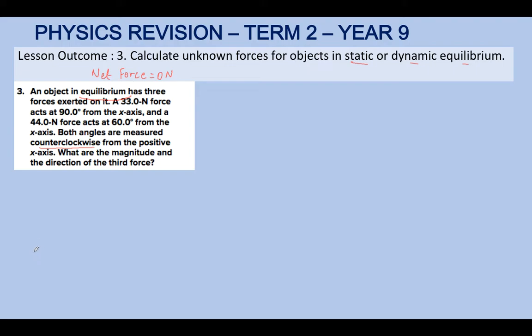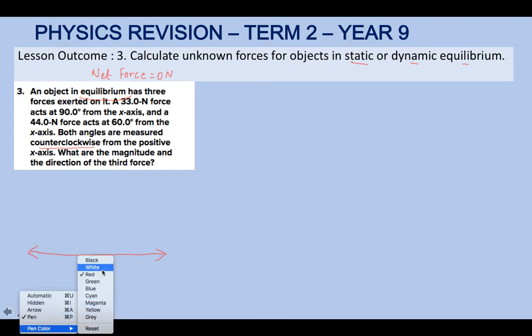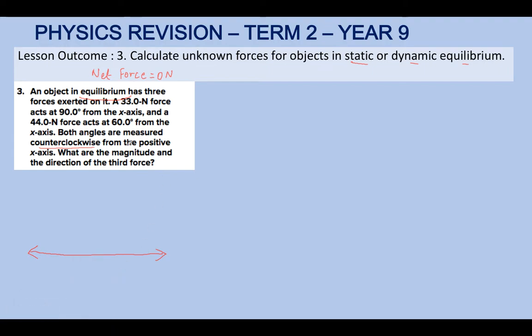So we all know the x-axis is the horizontal axis, so you have it this way. Now let's draw the forces. Now 44 Newton is at 90 degrees and it says counterclockwise means you go this way, right, to the left. Clockwise is the other way.